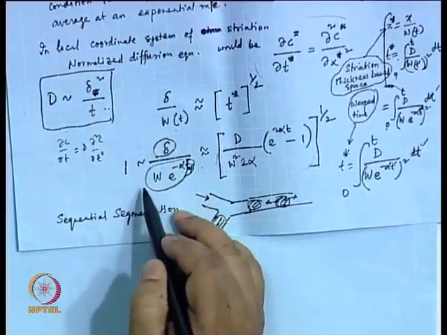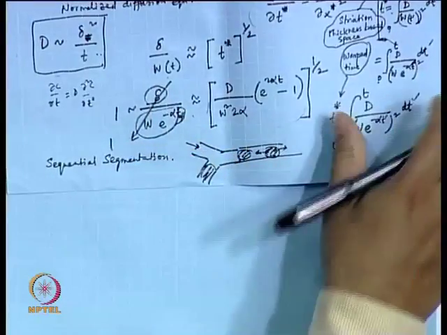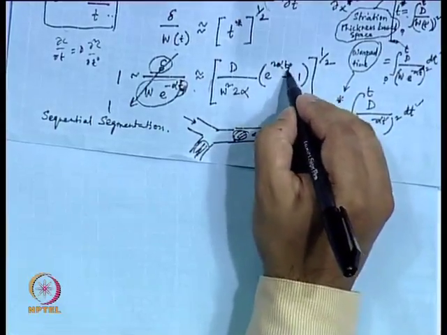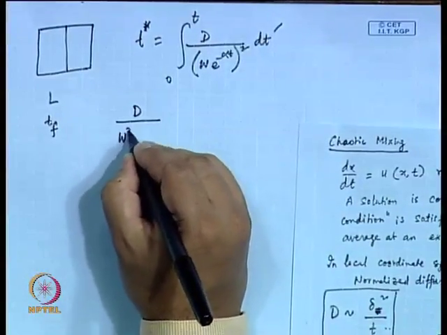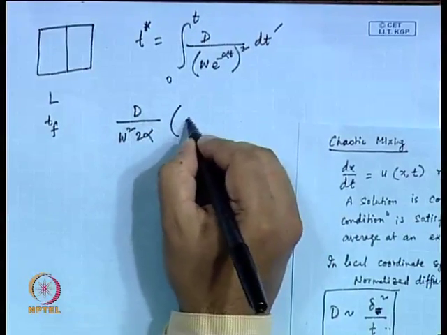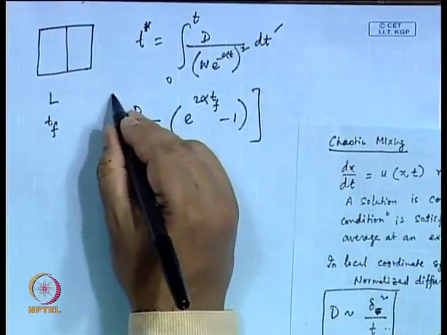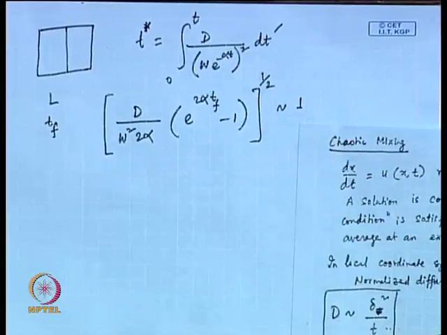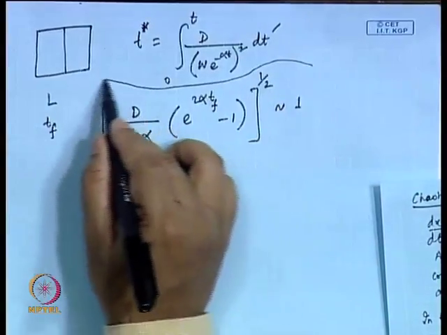So, this ratio has to be equal to 1. If this ratio becomes 1, then you can write this quantity will scale to 1 if you write this as alpha T f, the final time. So, at the outlet you would be writing d divided by w square 2 alpha into e to the power 2 alpha T f minus 1, to the power half. This whole thing should be close to 1 at the outlet. All right. So, this is what you have as a condition.